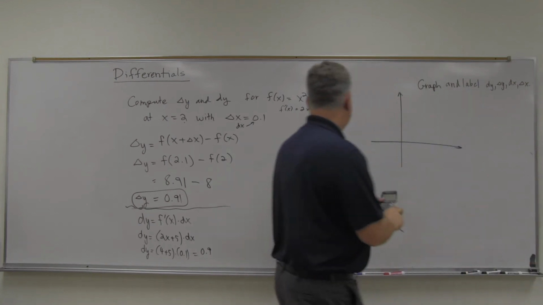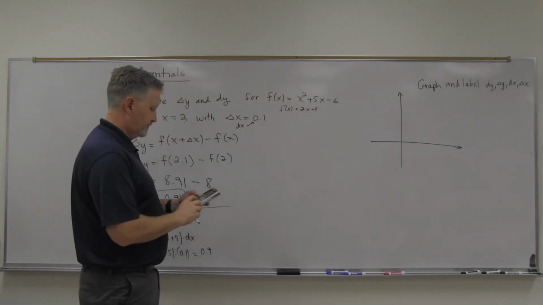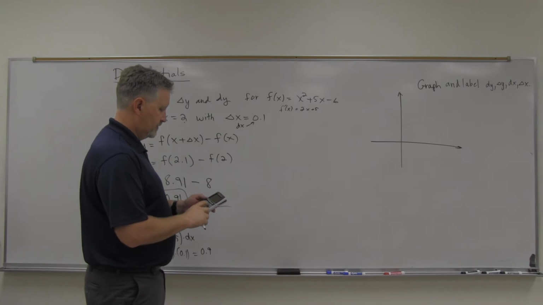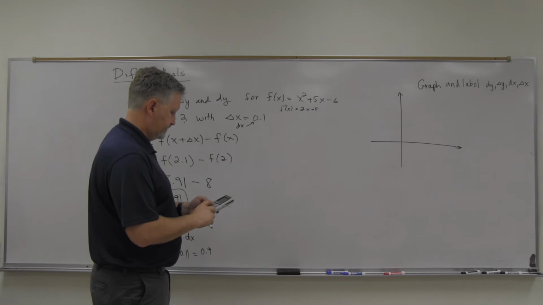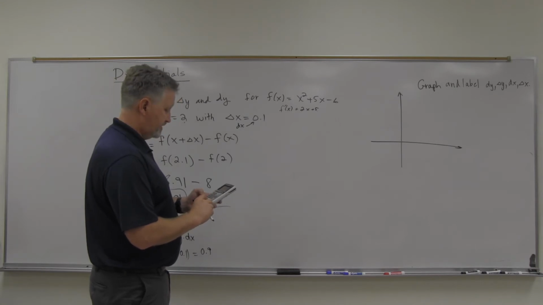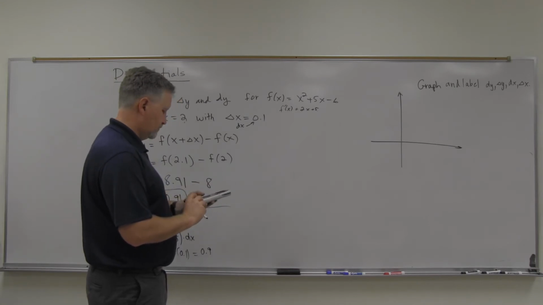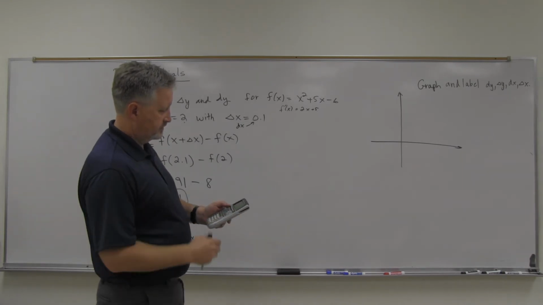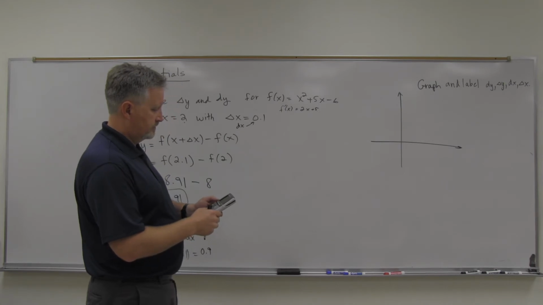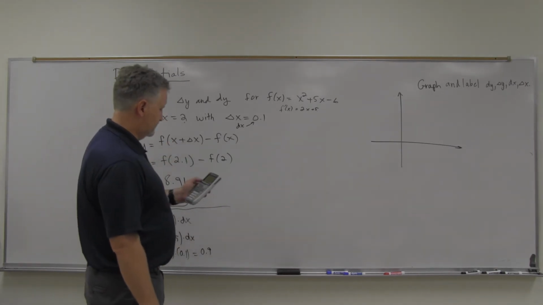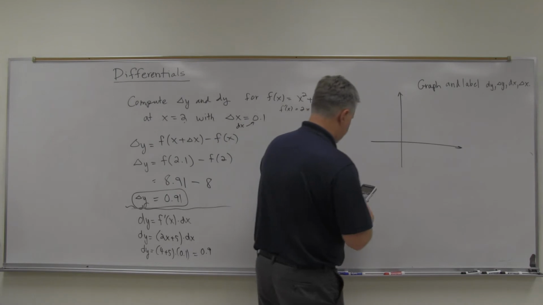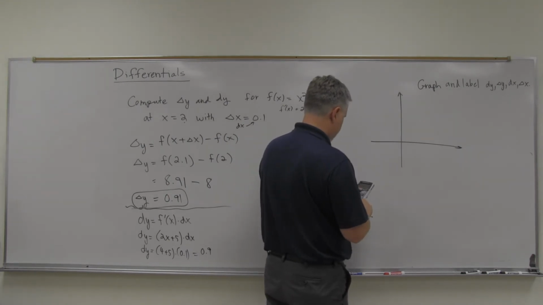So x squared plus 5x minus 6, and I'm looking at x equals 2, so I might want to zoom in here a little bit.